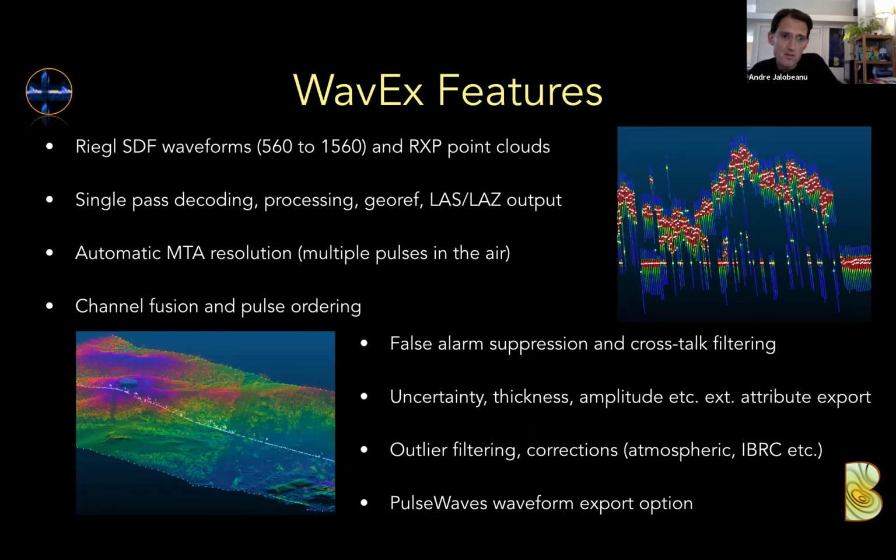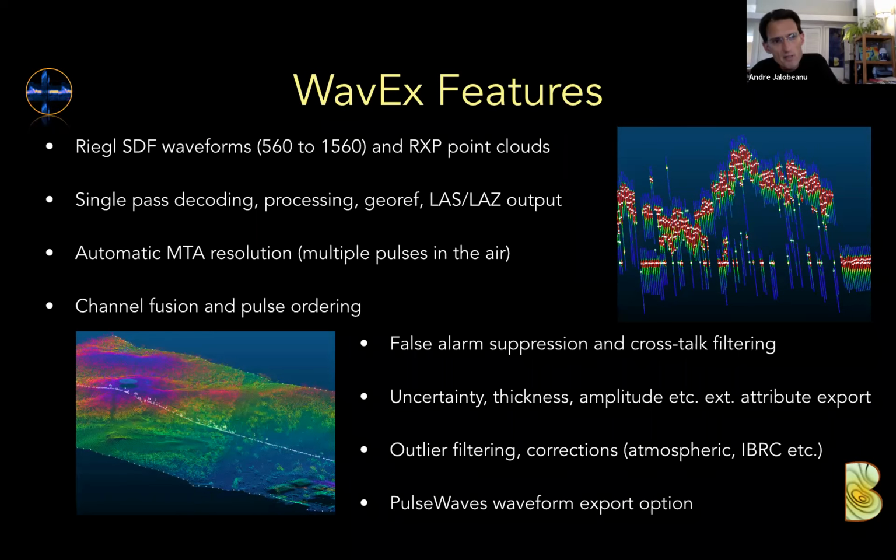This is software that extracts points with attributes from waveforms, from raw waveforms. Currently it works with Regal SDF waveforms. In the future, we'll add functionality to import pulse waves and other formats, but now it's mainly working with Regal SDF.